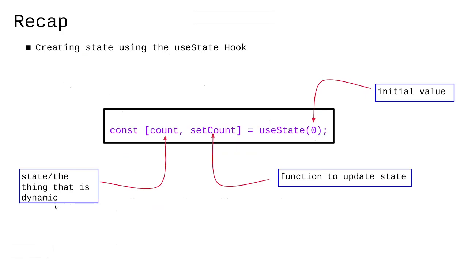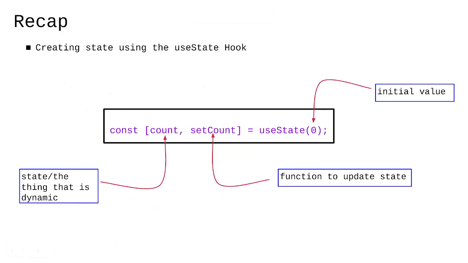For example, maybe we have a box and a button, and when we click the button, we want to maybe call an API, and then the data that is returned from the API, we want to put that into the box. Okay, and so that box is currently empty, and then later on it could change to have something in there.